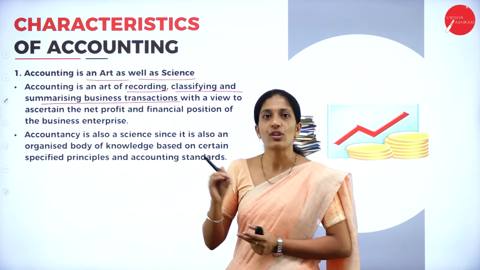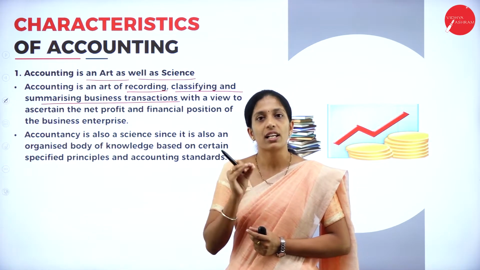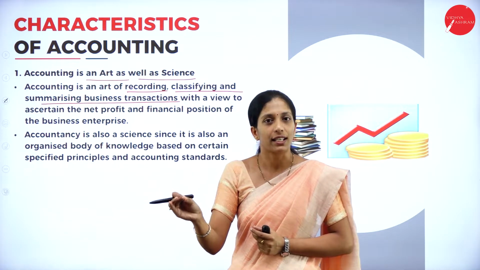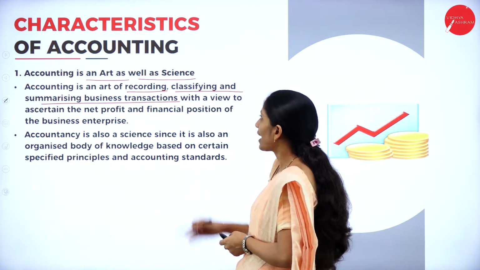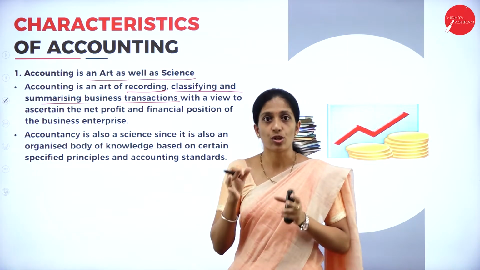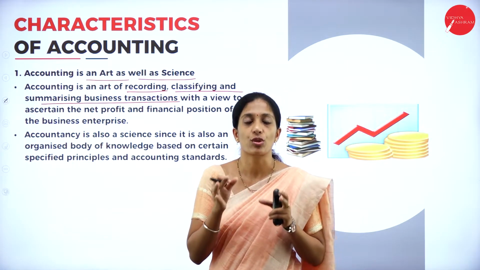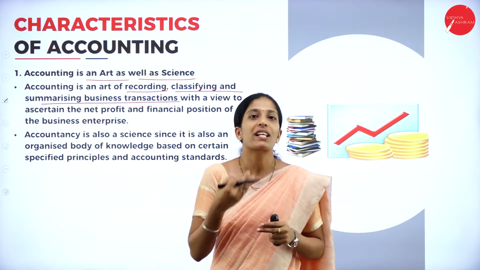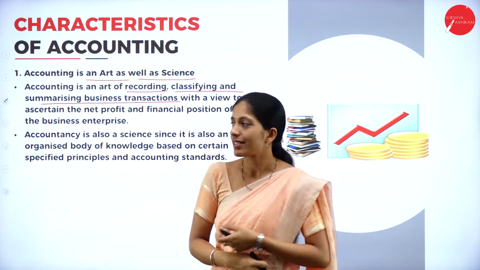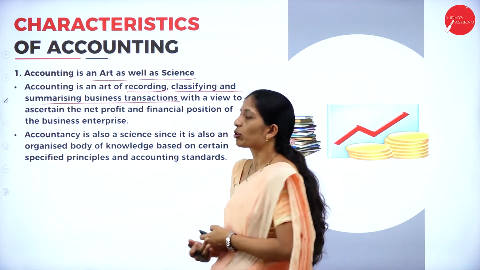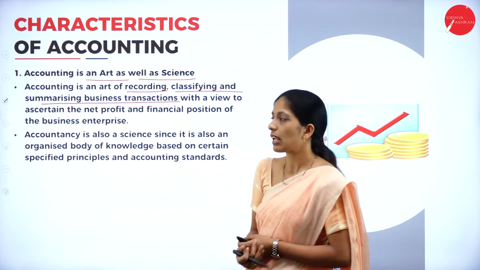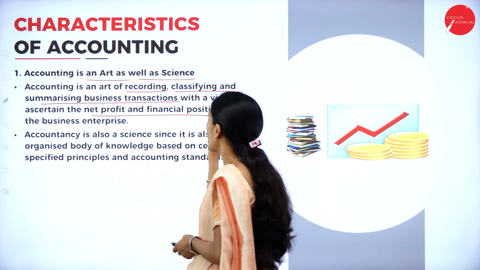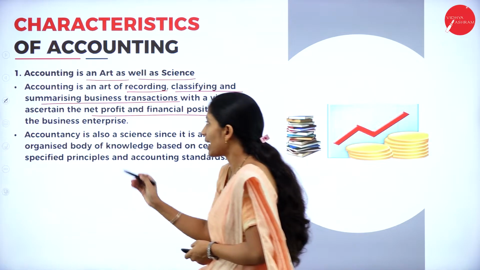That is, we are going to segregate each and every type of account into a particular account. So that is classifying and summarizing. We will make it ready to present the information. That is summarizing business transactions with a view to ascertain the net profit and financial position of the business enterprise.